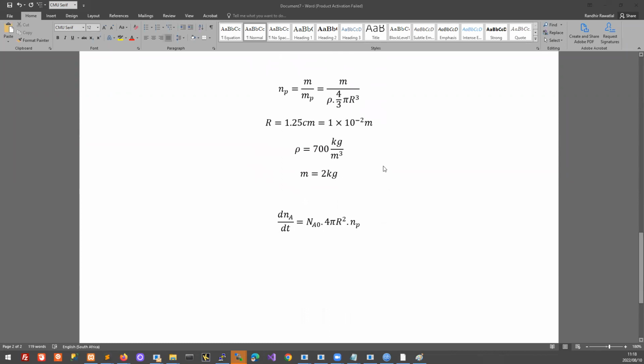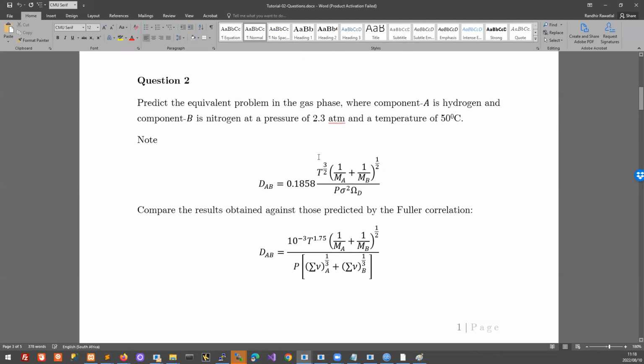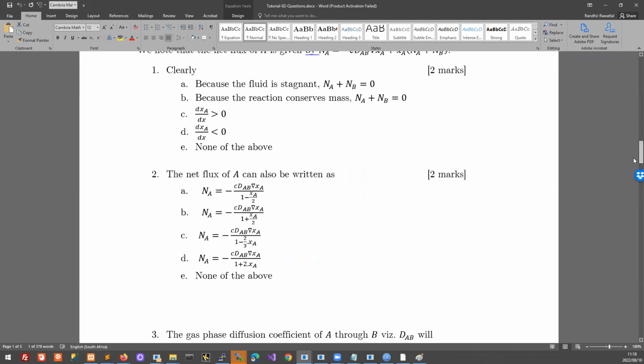Okay, then in question 2. So like I said, use this correlation and your molar mass. You just look up the molar masses for hydrogen and nitrogen. You are given the pressure and the temperature, and then you want to look up for this correlation what the units are supposed to be for all those things. Then your omicron, you look up in this table.